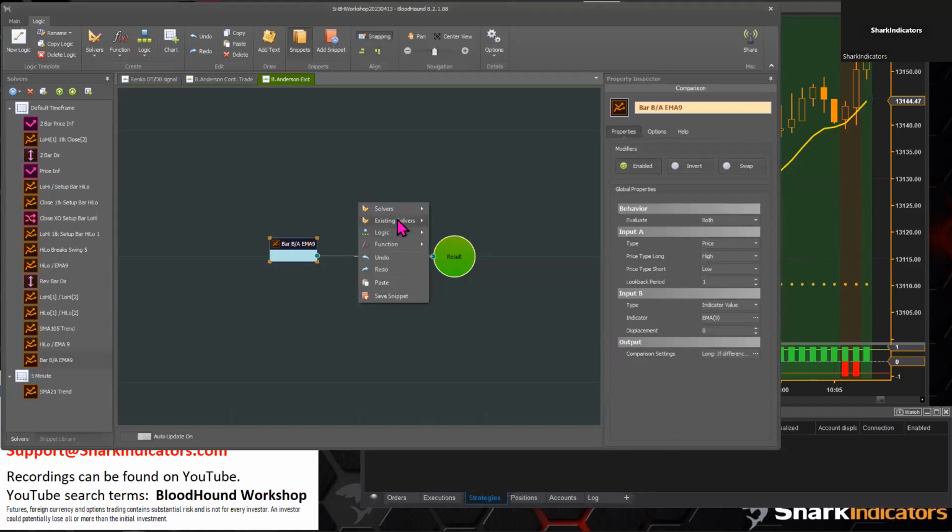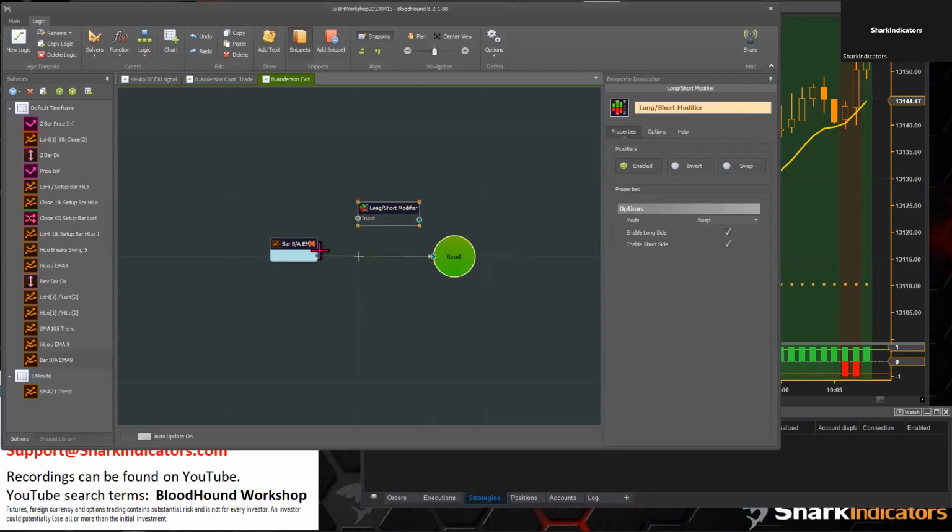A function node, the long short modifier function node, is what we need for that task. And the mode that we want is... oh yes, shoot, which mode is it?